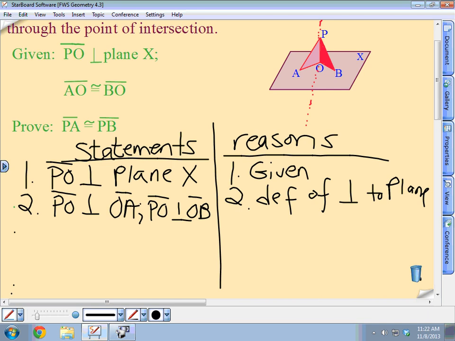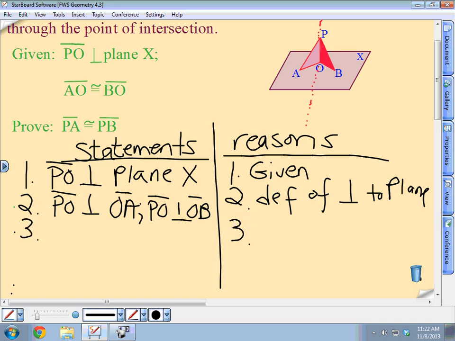If PO is perpendicular to this plane, in other words, it comes right down through, here's your plane, here's your line, that means all the lines in here are also going to be perpendicular to this. Okay? All right. That's wonderful.